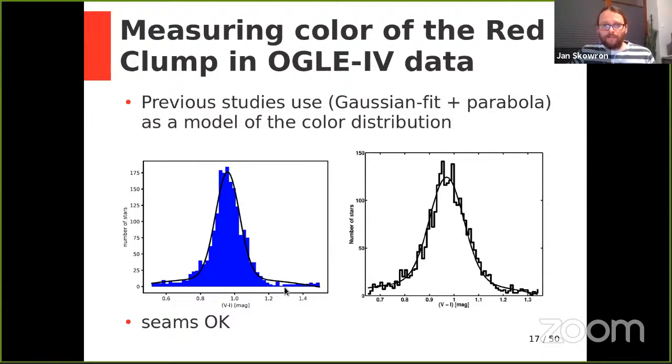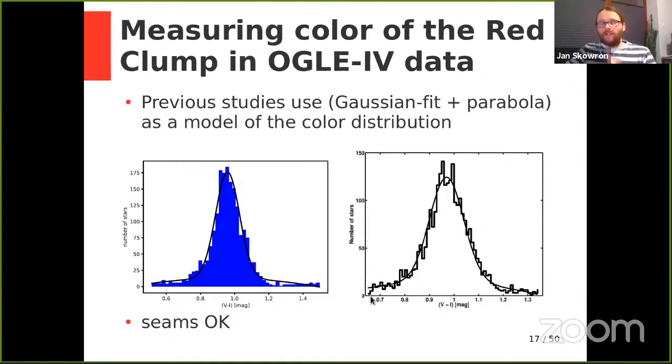They claimed that the parabola is somehow getting rid of contamination from red giant stars, but actually what the parabola is doing in most lines of sight is basically getting rid of the galactic foreground stars that are sprinkled across the field and are just fitted out with this basically constant term.